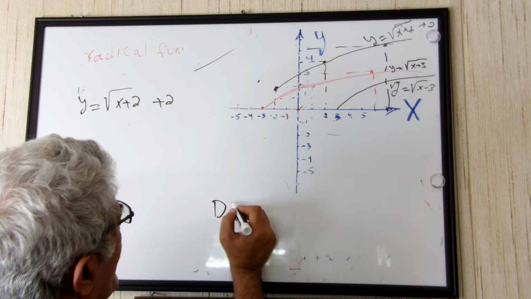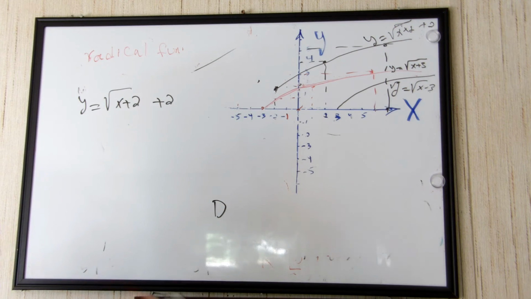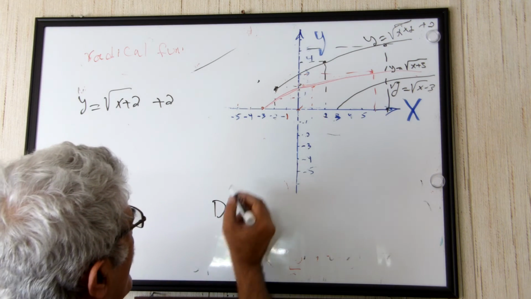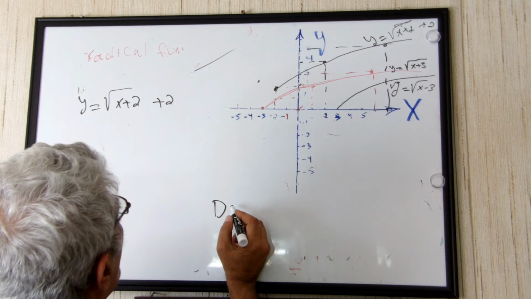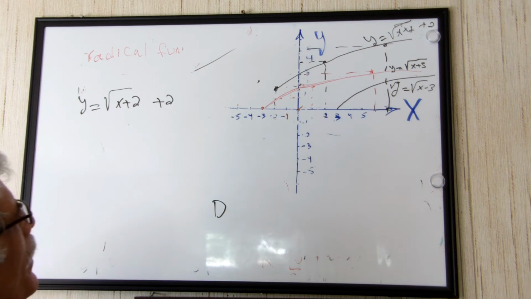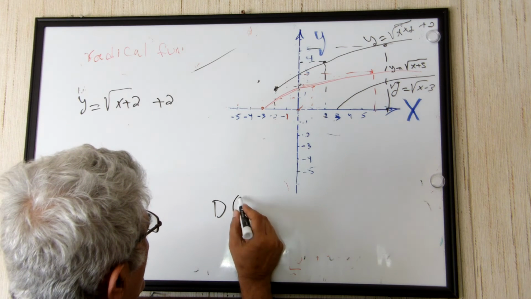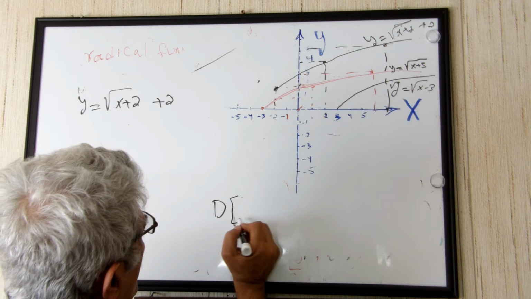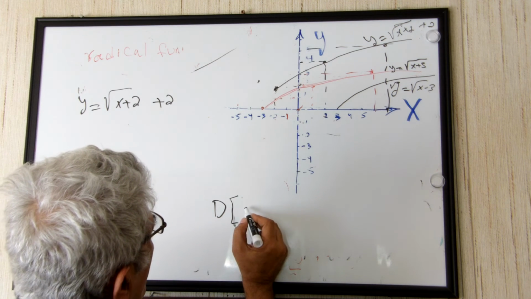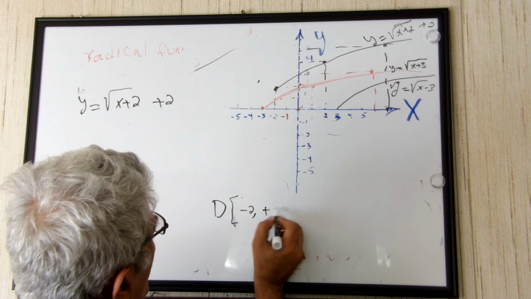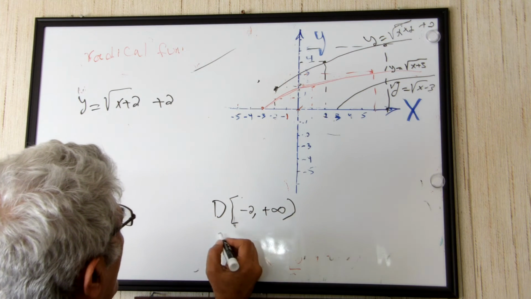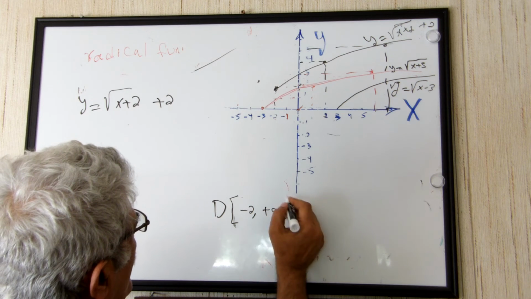The domain, which shows the values of x this function can take, is minus 2 or greater. So it's going to use the square bracket, minus 2 up to plus infinity. And you should always show infinity with parentheses.